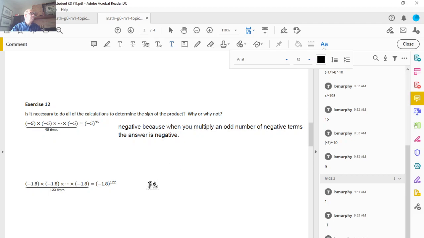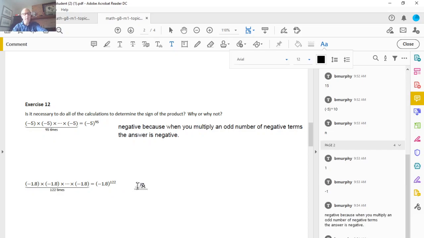We multiply negative 1.8, 122 times. That's even, so the answer will be positive, because when you multiply an even number of negative terms, the answer is positive.